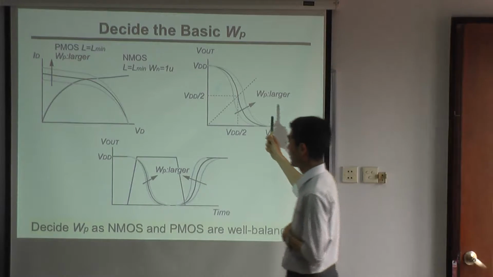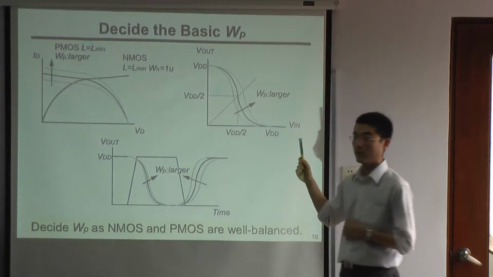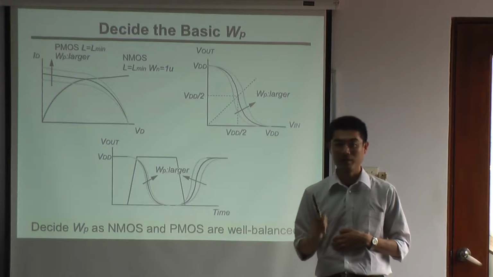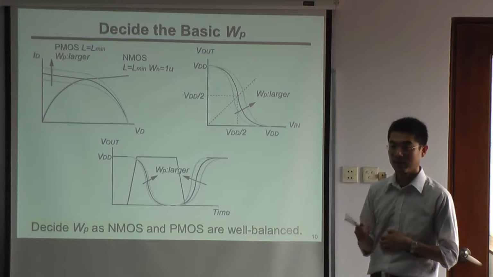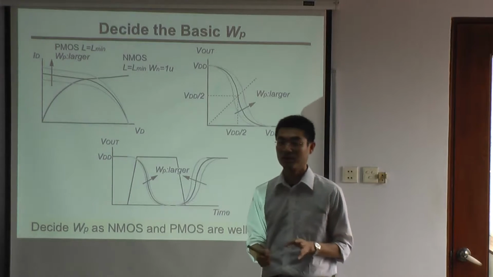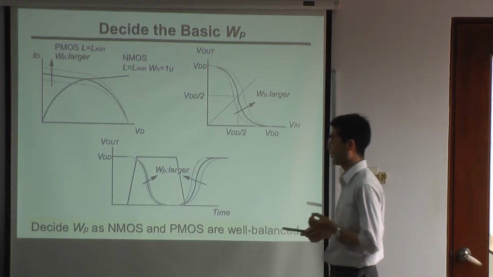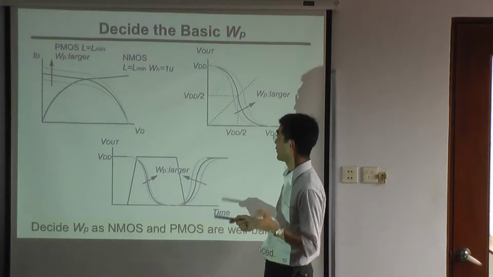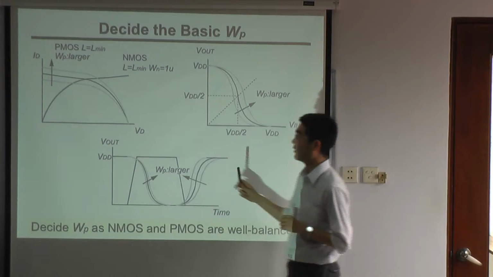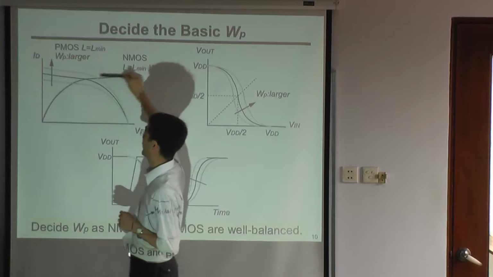And from these 3 graphs, you will find the optimum WP, such that the PMOS and NMOS have characteristics as similar as possible. As similar means usually the drain current wants to be the same.